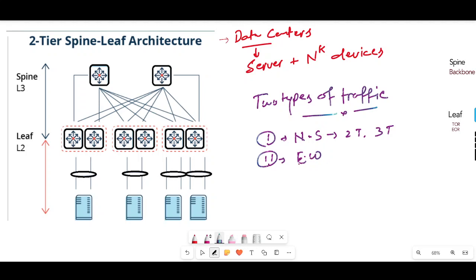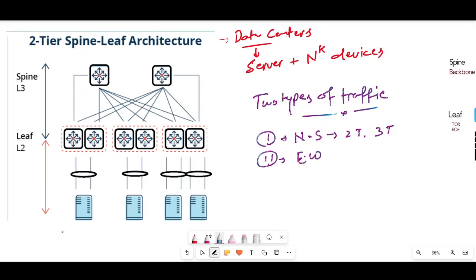Why do we need east-west traffic? Suppose you take this example of a spine leaf architecture, but here we will first talk about two-tier and three-tier architecture.